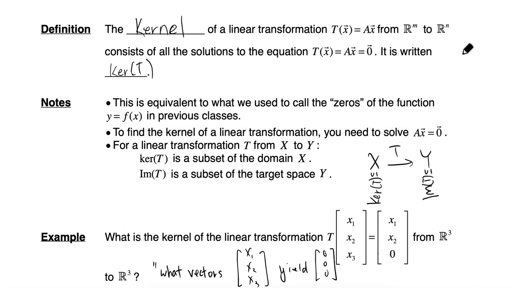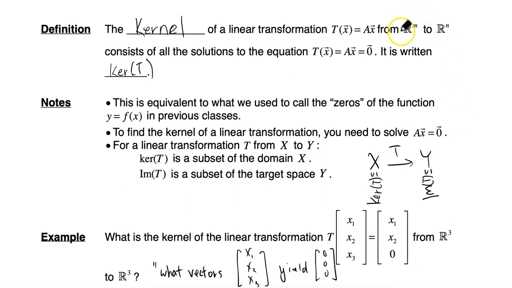We are looking for the x values in a function such that f of x equals 0, and here it's T of x equals 0. So we are going to try to solve the equation A of x equals 0 when we look for vectors in the kernel. Now notice how just like the zeros of a function are x values, the kernel of a transformation is going to be a subspace that belongs to the original space.